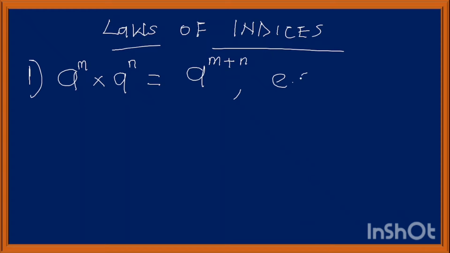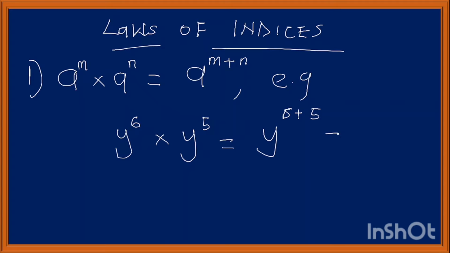For example, if I have, say, y raised to power 6 multiplied by y raised to power 5, this is equal to saying y raised to power 6 plus 5, which is equal to y raised to power 11.